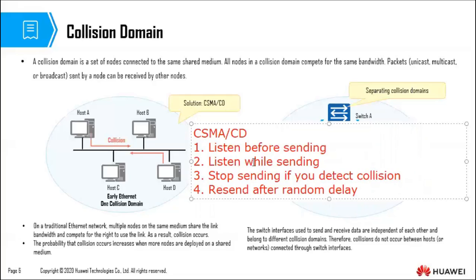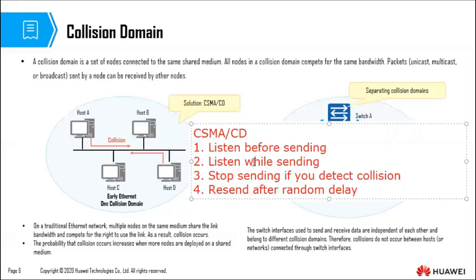But even as it sends, it's still supposed to continue listening. The other option is that while listening, you find that someone else is using the shared medium. So what do you do? You wait for a predetermined amount of time, then listen again.